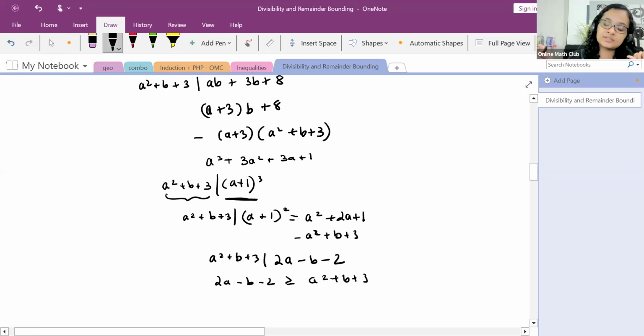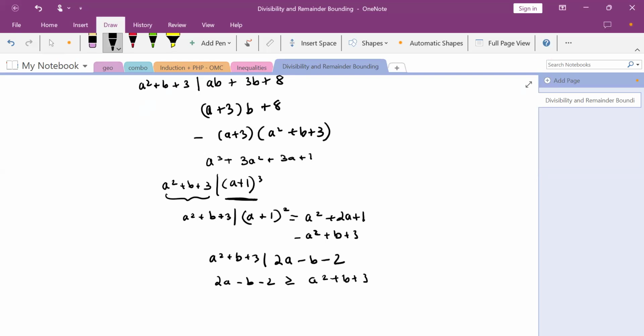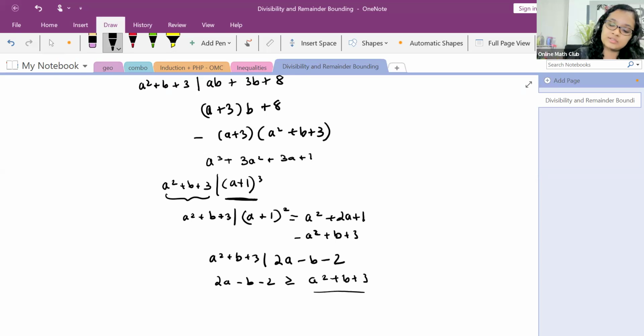If a is greater than or equal to 3, then this does not hold. And if a is 2, you can just put it in and check. Even a equals 2 doesn't work because this just becomes 2 minus b, and this is obviously greater than that. And a equals 1 also obviously does not work here.